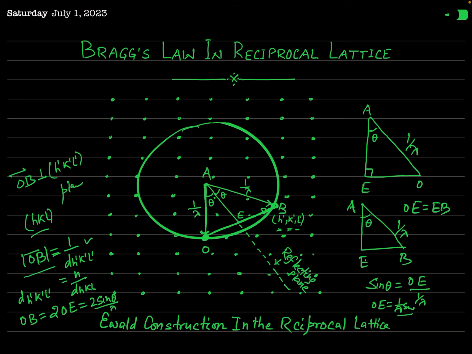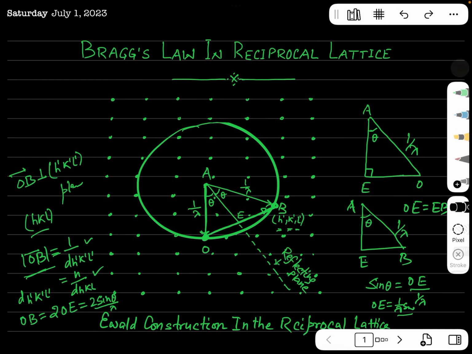But earlier, according to the definition of reciprocal lattice vector, we defined that OB is equal to n over DHKL. So now we can easily equate the two values of OB.